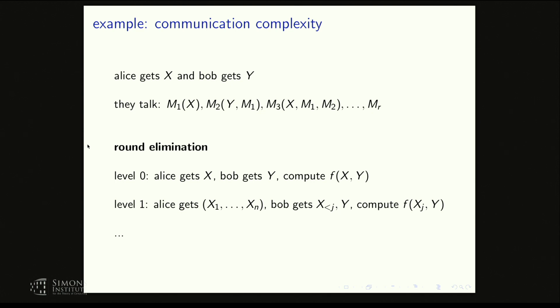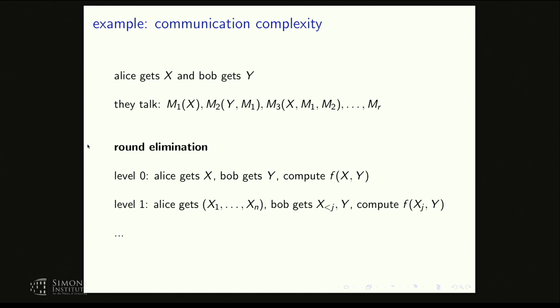Alice gets an input X, Bob gets an input Y. And then they talk. Alice says something, a message that depends on X. Then Bob says something, a message that depends on Y and on M1, and so forth, until they communicate the last message. So this is the model, and I guess you know it.